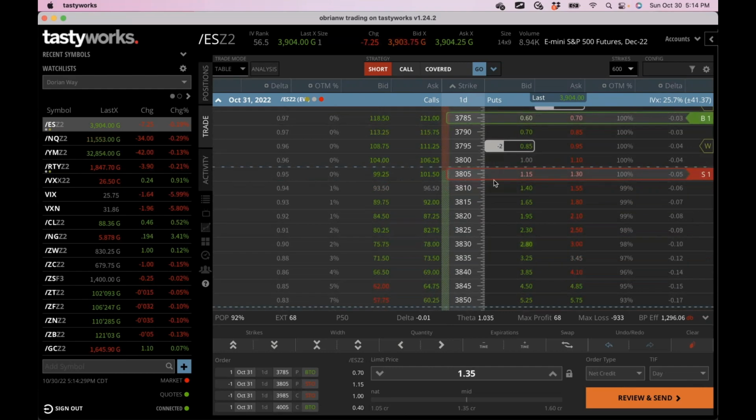So we said we want to be at least 2% away. So what we need to do is figure out how far we're away from at the money by doing the percentage formula. We take this short strike on the put side here, this 38.05, and we subtract the last price, which is this 39.04, and we divide it by the last price, right? So I'm going to take the 38.05 minus 39.04 divided by 39.04.